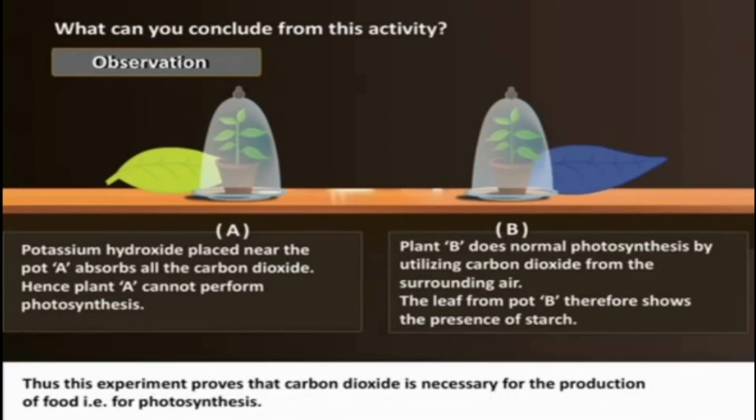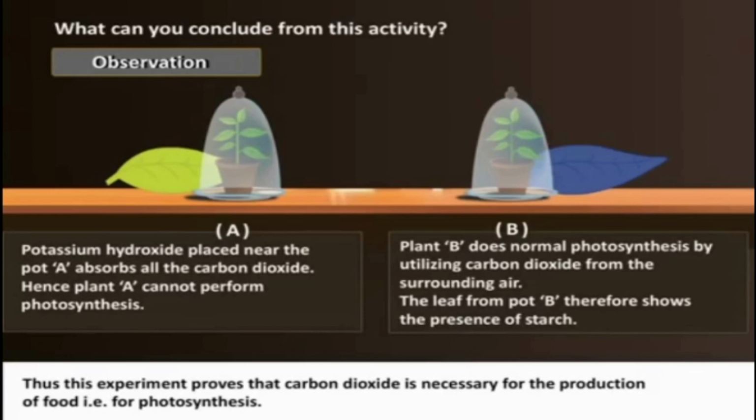Yes, students. Pot A and pot B. Pot A we seal with wax, with potassium hydroxide inside, so carbon dioxide cannot enter. But in pot B, normal photosynthesis happens by utilizing carbon dioxide from the surrounding air.